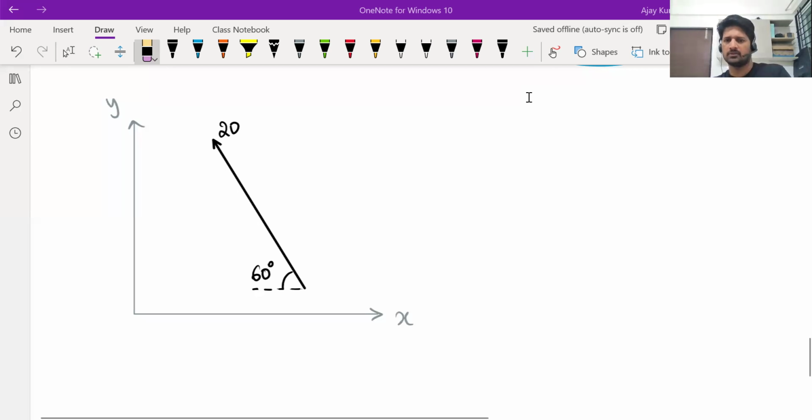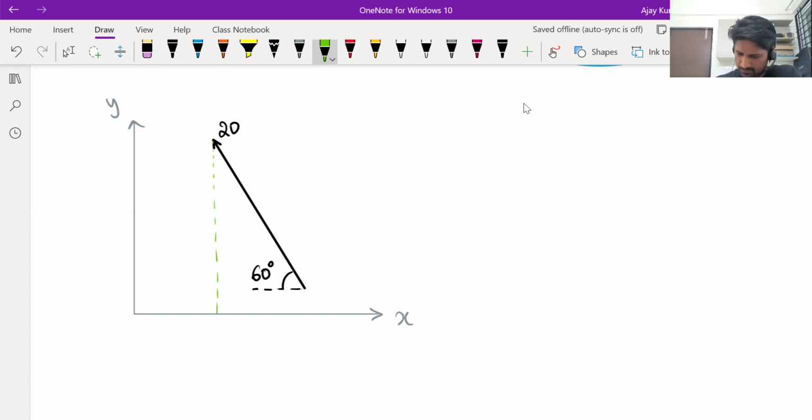Okay, Aishwarya, unmute yourself. We'll discuss. Is its x component positive or negative? No response.